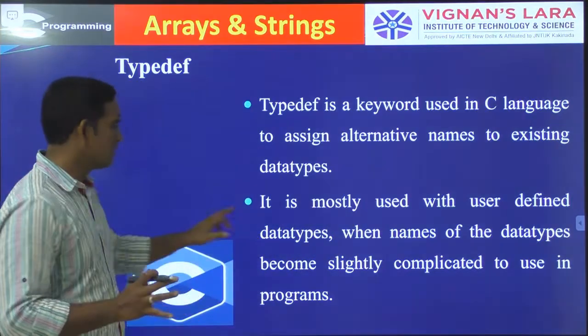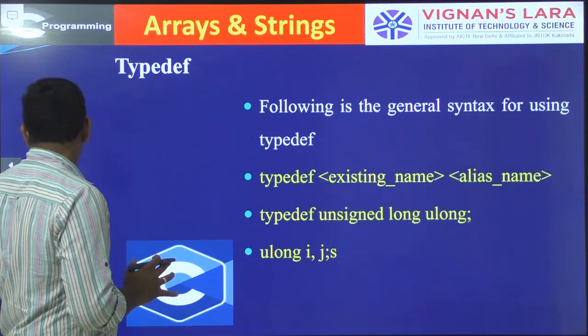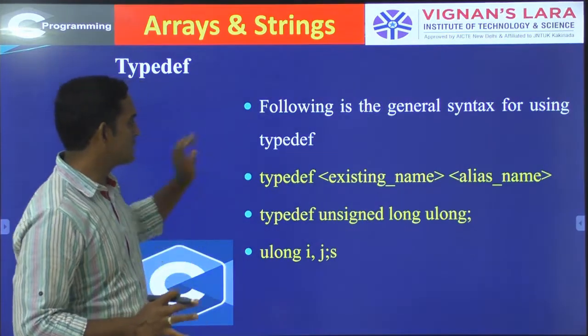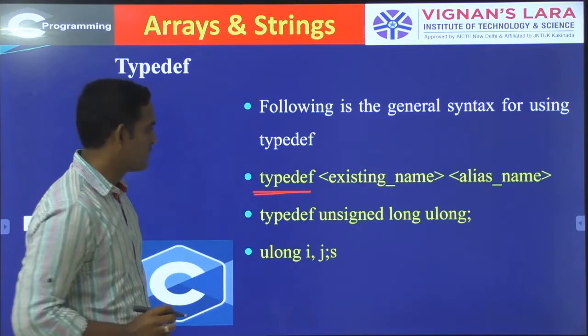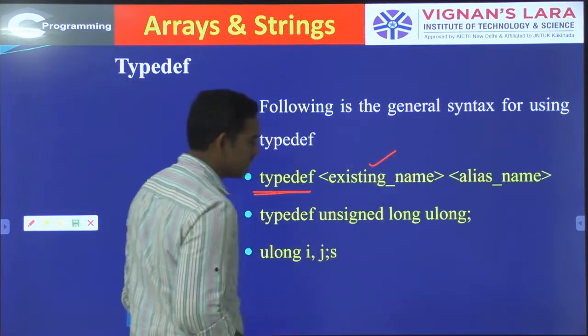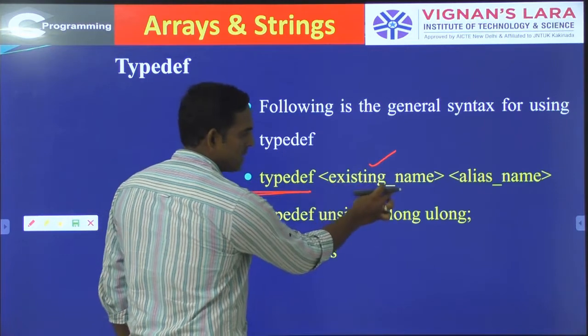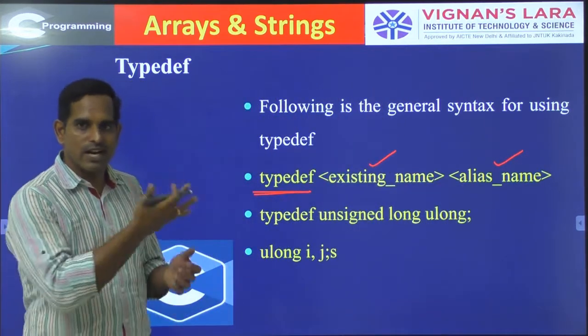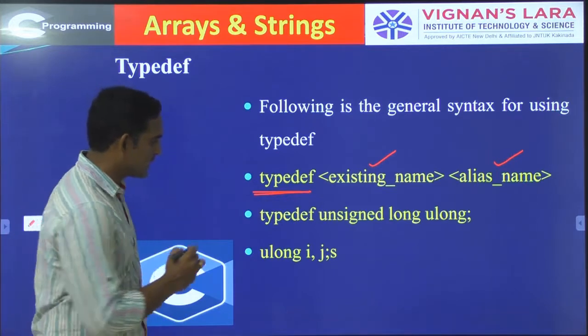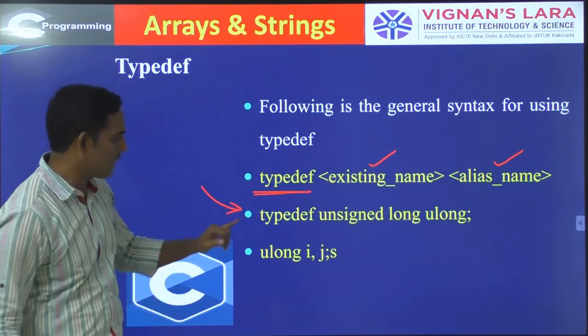So the declaration of Typedef will be in this manner, where you specify the keyword Typedef, then you write the existing name, then place the new name or your alias name. So this is an example regarding your declaration of Typedef.